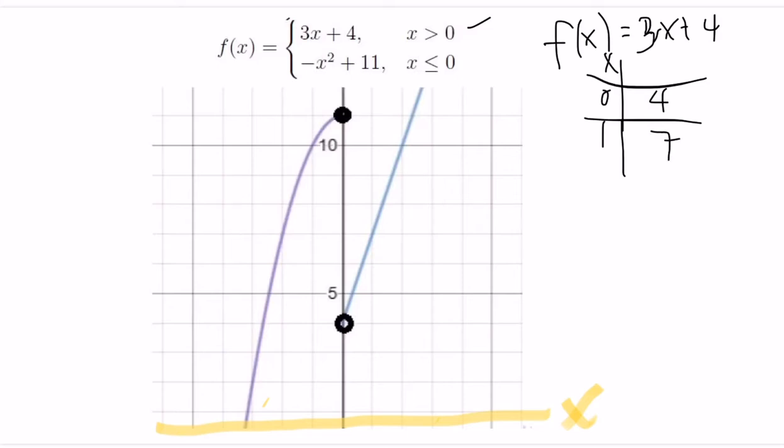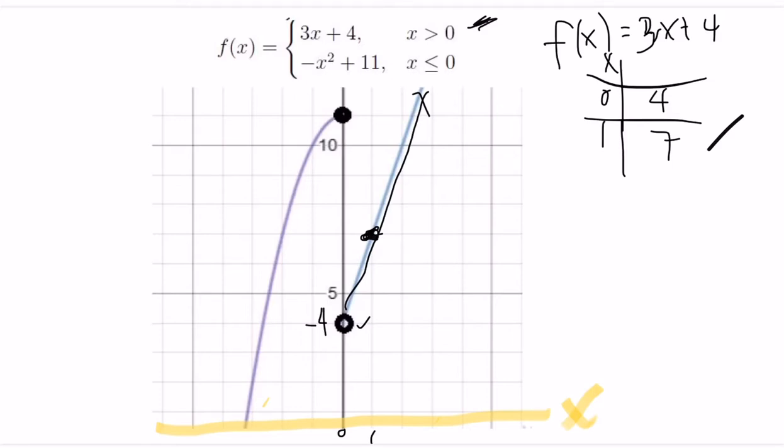So if x is 0, you have 4. It is not shaded because x is strictly greater than 0. Next, we have 1, 7. This is our next point. Since 1 is greater than 0, just connect. This is a straight line because 3x plus 4 is linear.